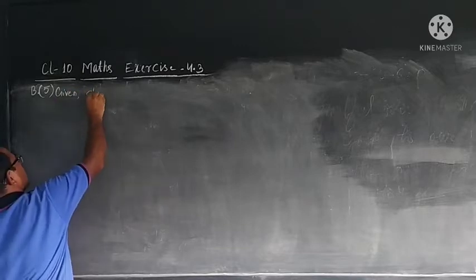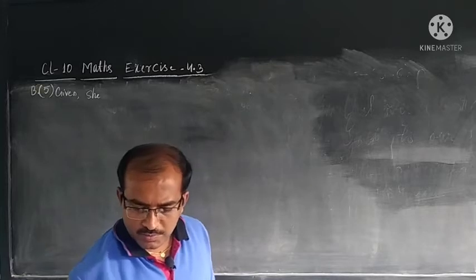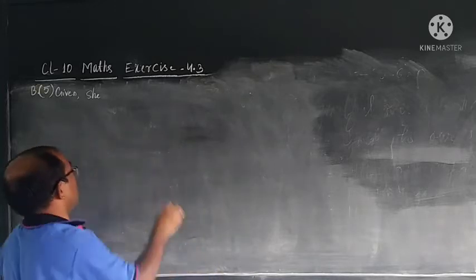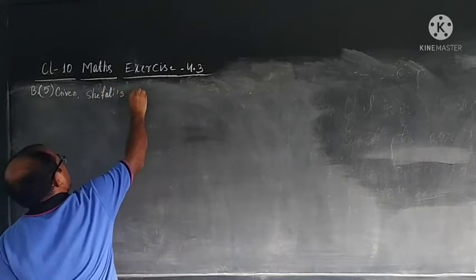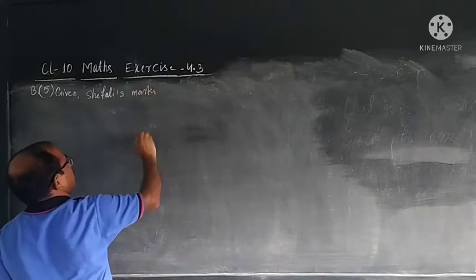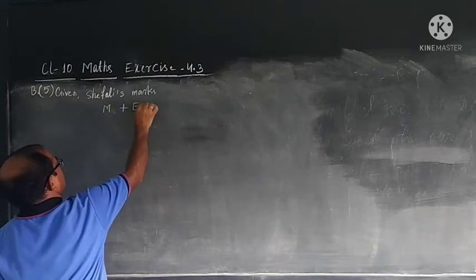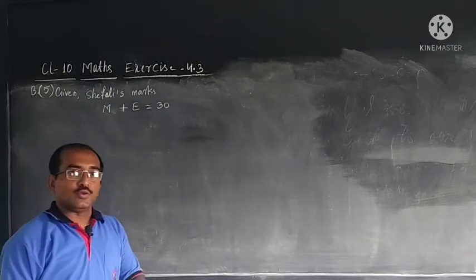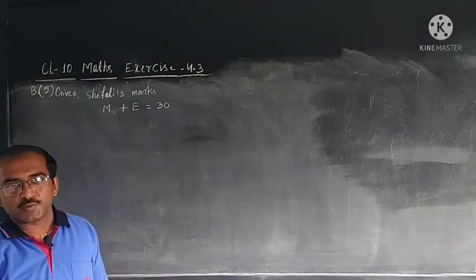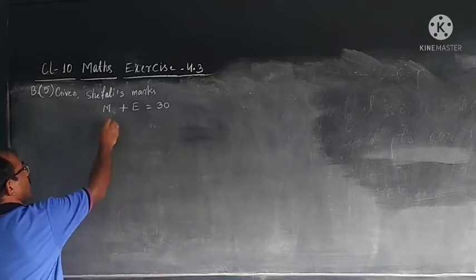Shefali's marks in which two subjects? Let us see, maths plus English, together she has got 30 marks, and we do not know in maths how much she got and in English how much she got. So, what to do? We will assume one.